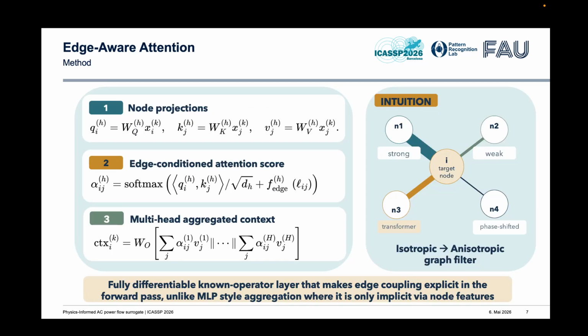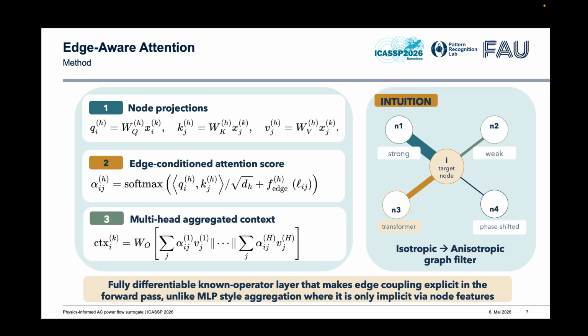In the edge-aware attention, the query is the projection of target node i's features, while the key and value are the projections of neighboring node j's features. And in the scaled dot-product attention, we add an edge bias based on the line parameters.